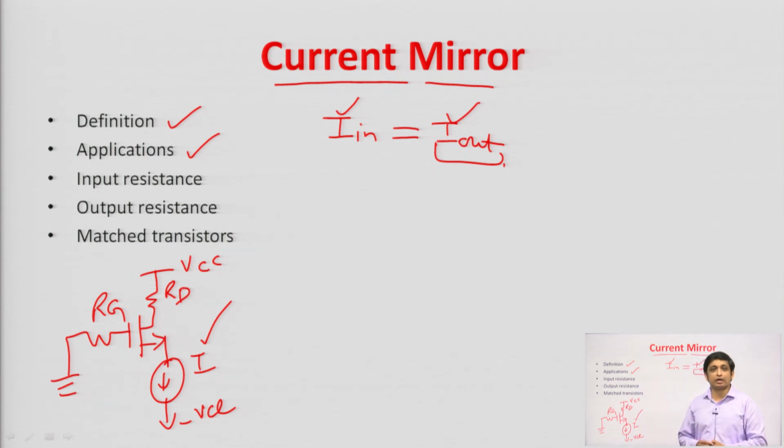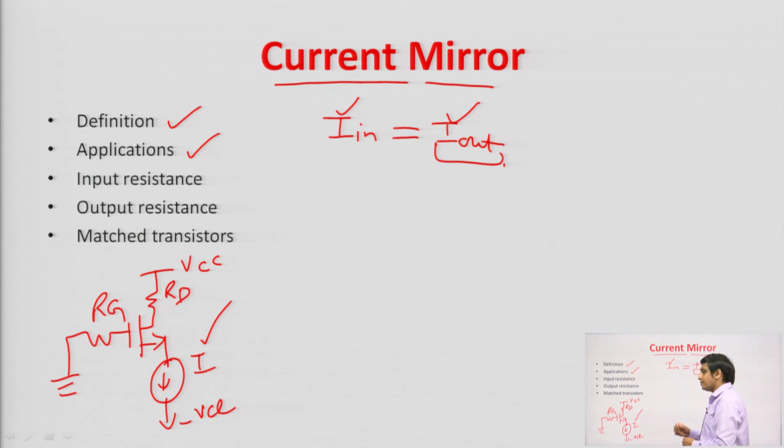Another application of the current mirror we will discuss in upcoming classes, in the case of a differential amplifier with active load. So, this current mirror will be used as an active load in a differential amplifier. That is another application.